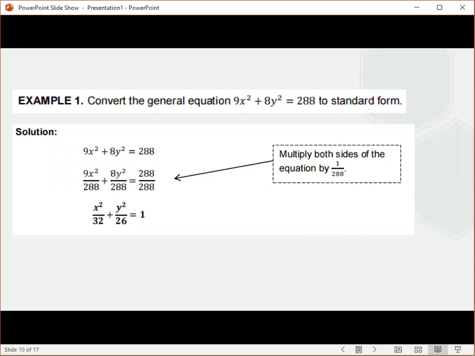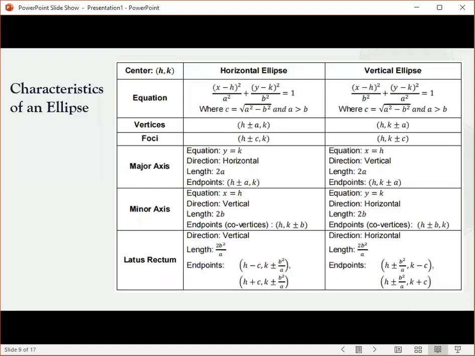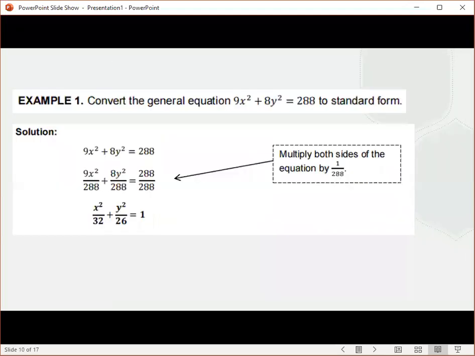Let's go back to our formula earlier. Look at this formula. The denominator of x is a, the denominator of y is b for the horizontal ellipse, and a is greater than b. So this example here is a horizontal ellipse because a squared, which is 32, is greater than b squared, which is 26.